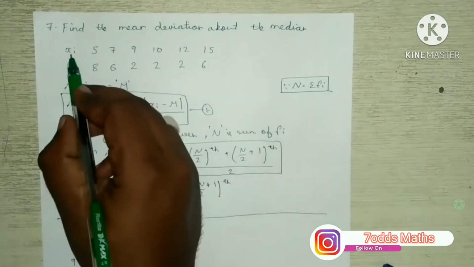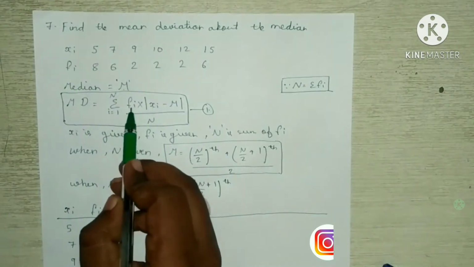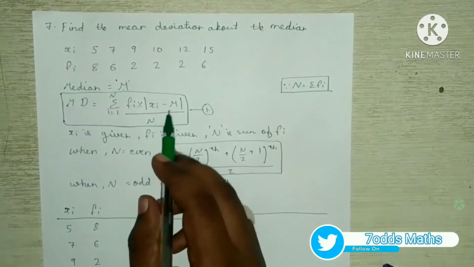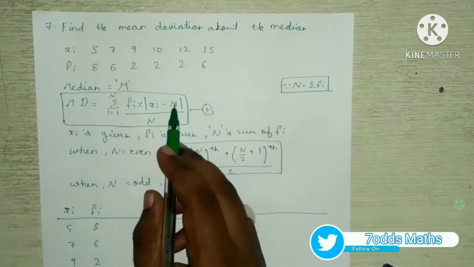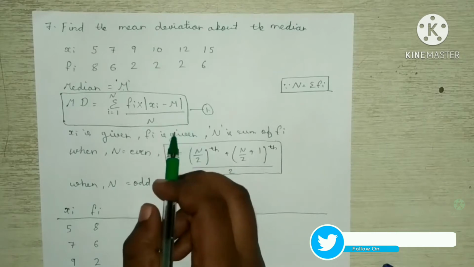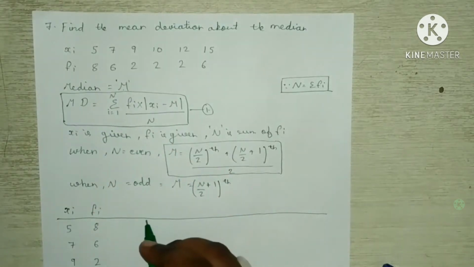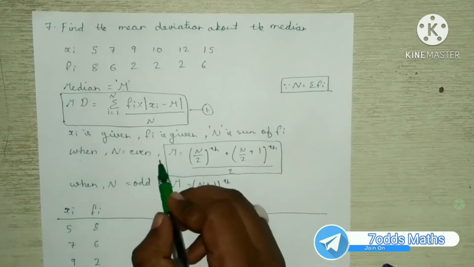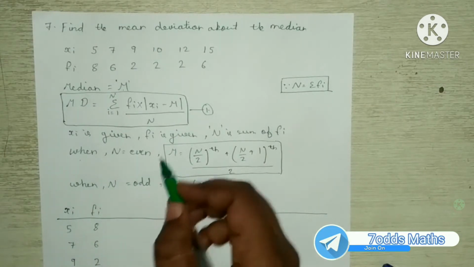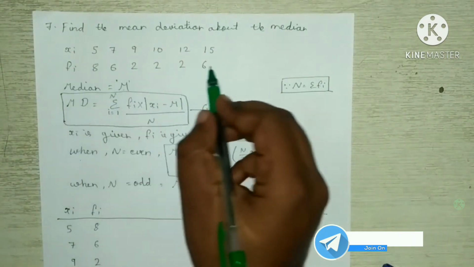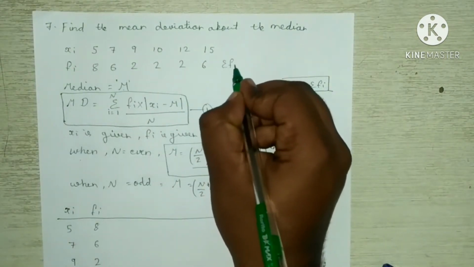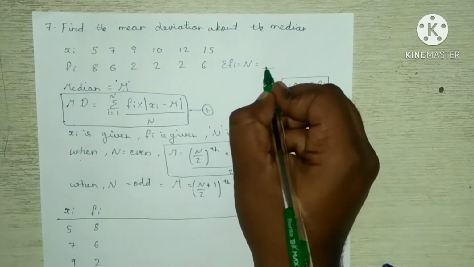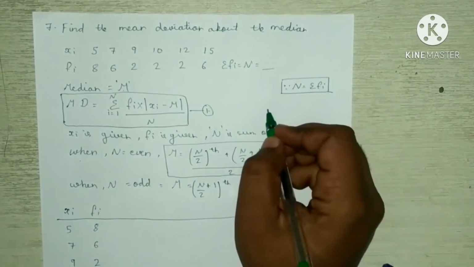Okay, xi is given, fi is given, and n is the sum of fi. We need to find M, where capital M indicates the median. After adding the frequencies, summation of fi, which is nothing but n, you will get one number, which will be either even or odd.